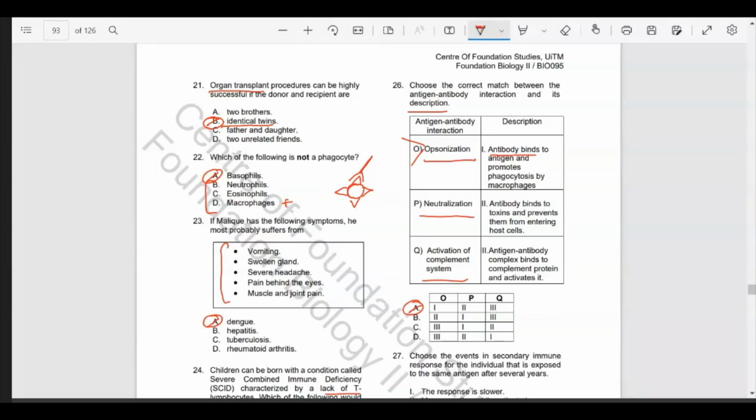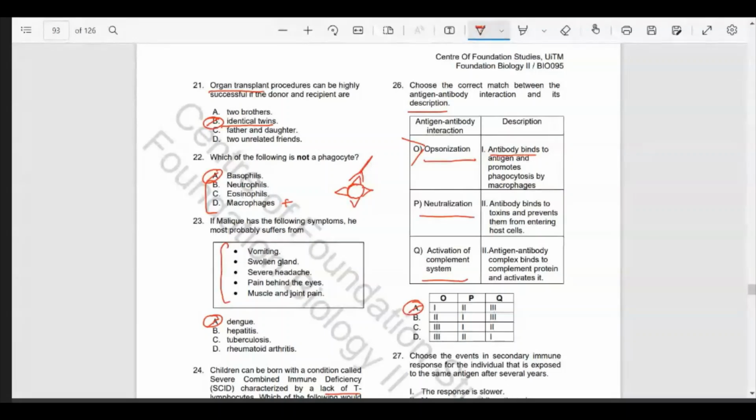Might be dia akan menyebabkan the pathogen to be clumped together. Macam tu, clumped together, cannot move, so that nanti bila macrophage datang, the macrophage can come and then engulf. So that's why antibody dia tak boleh nak destroy the pathogen directly.